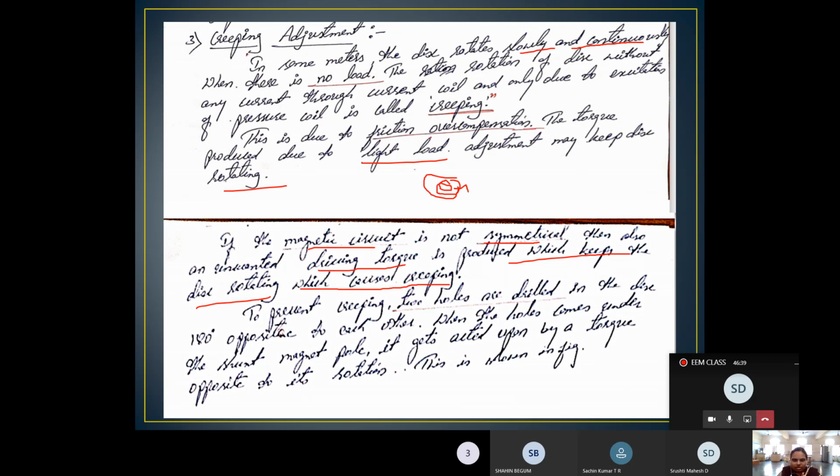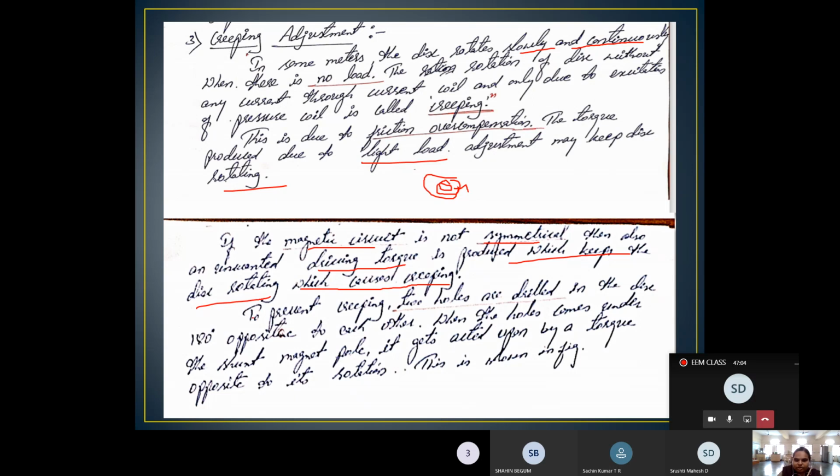There are three ways in which creeping is introduced. The first one is due to the current coil, the next one is due to the pressure coil, and also due to the magnetic circuit. These are the three factors affecting so that our disc starts rotating slowly and continuously even without the load.